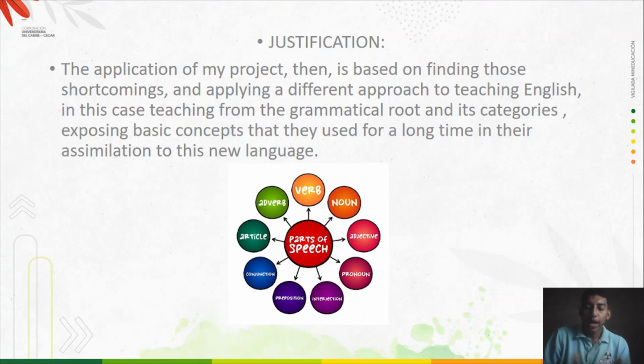For example, I expose to the students the most common aspects of the language, I mean, the patterns present in the language. For example, verbs, adverbs, nouns, and different parts of speech, because these topics are basic to learn English.